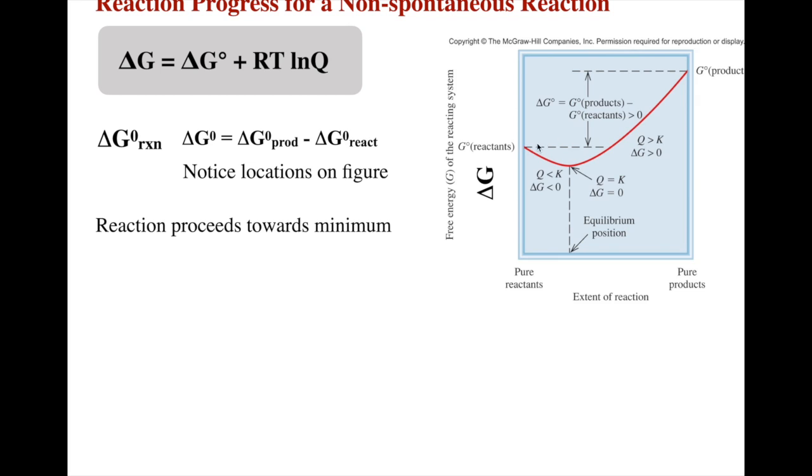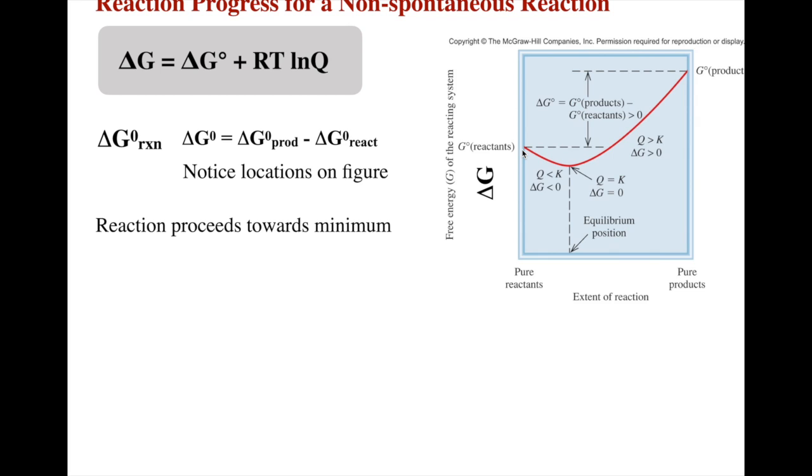Now, if we start all the way at pure reactants, delta G will be spontaneous unless the minimum is right at pure reactants.